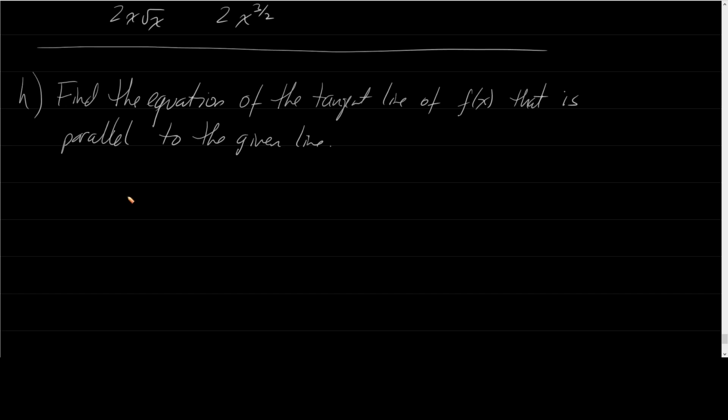So here we've got f of x being equal to, let's say we have 2x squared, and the line is going to be 4x plus y plus 3 is equal to 0.